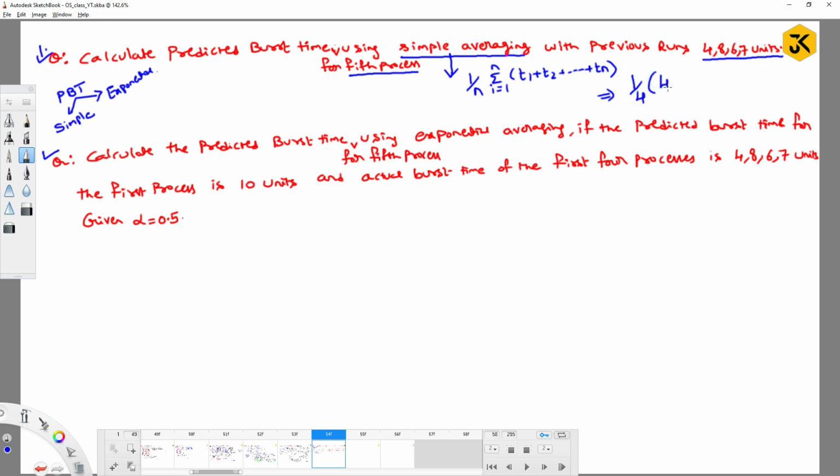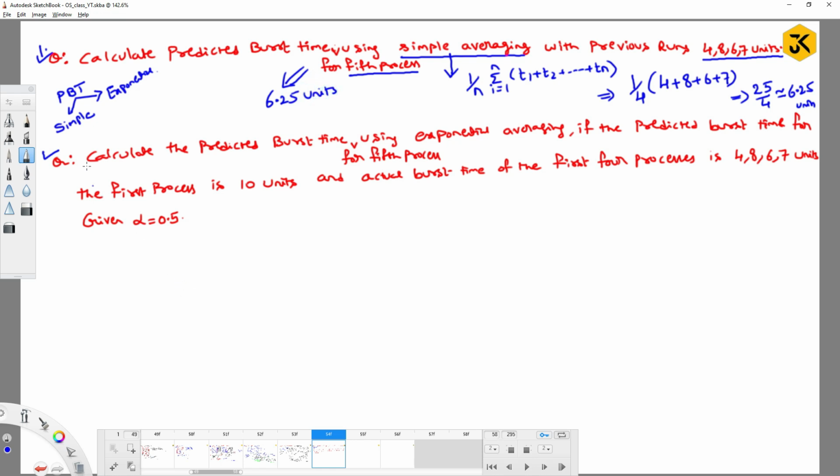And what are the actual burst times? 4 plus 8 plus 6 plus 7, which I can calculate as 12 plus 6 is 18, 18 plus 7 is 25. 25 by 4 is equal to 6.25 units. So the predicted burst time for the fifth process is 6.25 units.